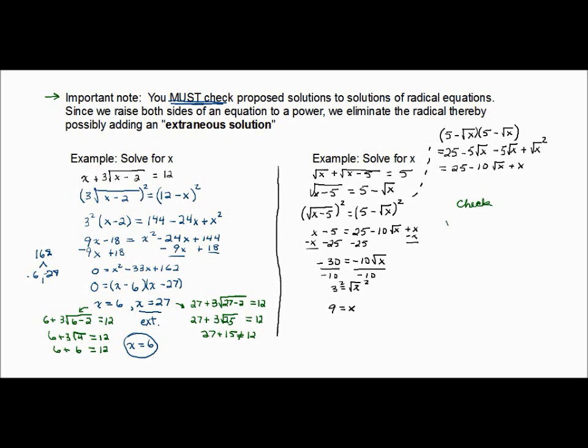We're going to get the square root of 9 added to the square root of 9 minus 5 as being equal to 5. Does that work? Well, yeah, sure, right? We've got 3 added to the square root of 4, and we're saying that's equal to 5, but of course it is, because 3 added to 2 is indeed 5.